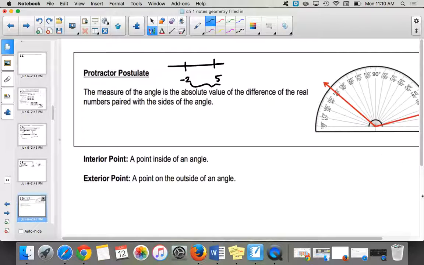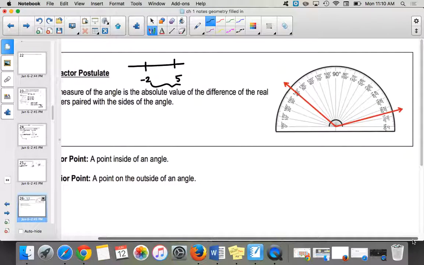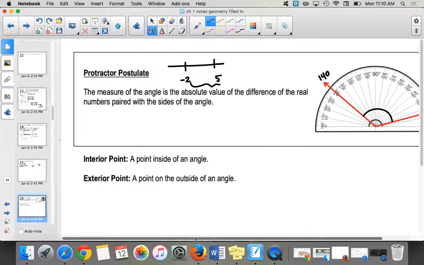With this little red line here, it looks like 15 degrees, and this one goes to 140, so what do you think this angle is going to be? 125. We could do it that way, but it's much easier to move the protractor so it's lining up with something already. An interior point is a point inside of the angle, so an interior point would be something like this. An exterior point is a point that's outside of the angle.